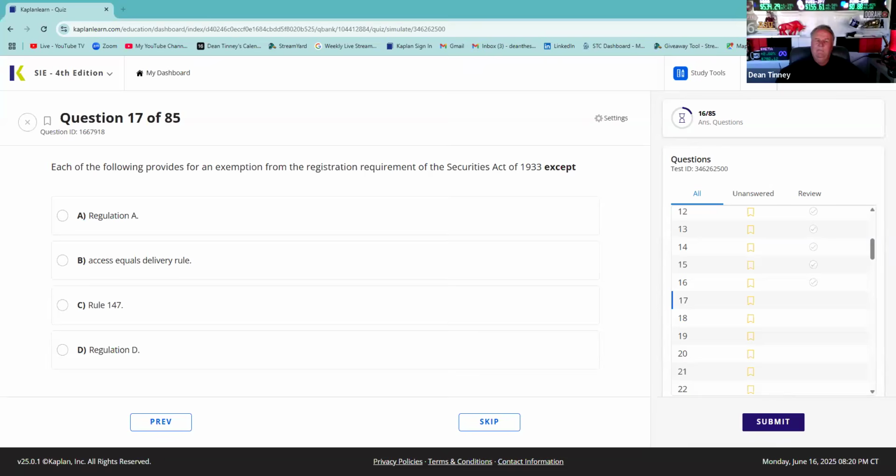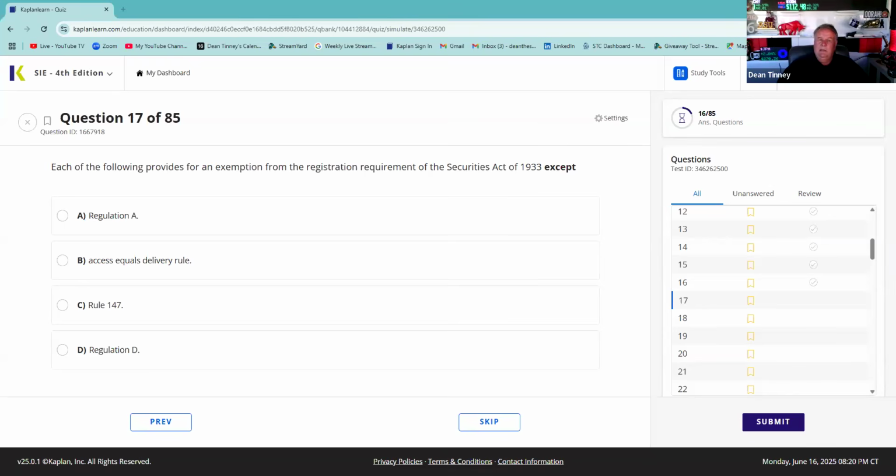There are, however, exempt transactions where we do not have to make a registration statement. So I think it's with the institutions, with Reg D, but I'm not sure. Well, Reg D is a safe harbor, an exempt transaction where we don't have to make a registration statement.